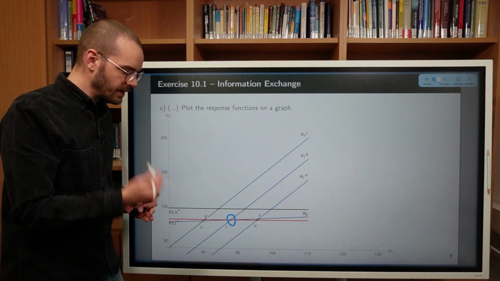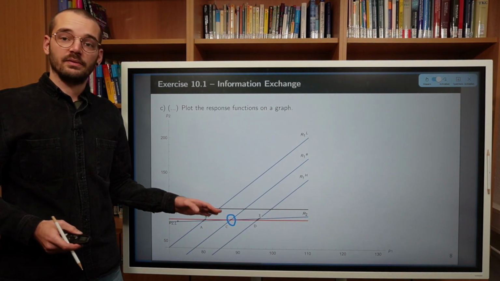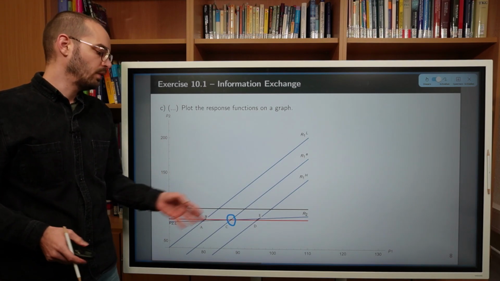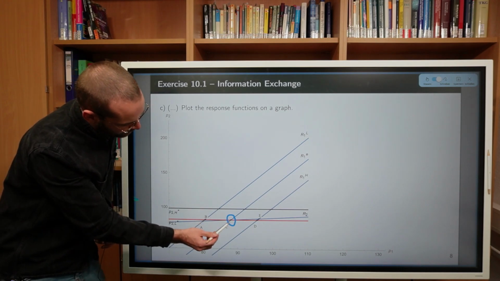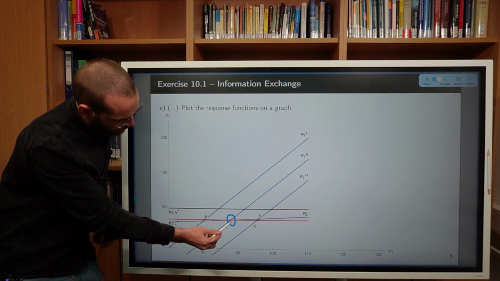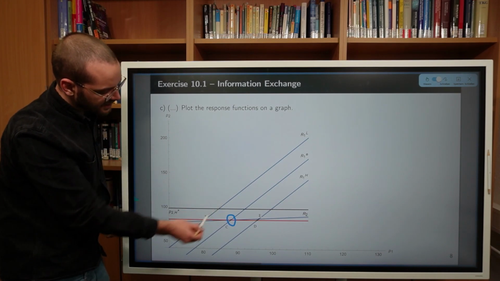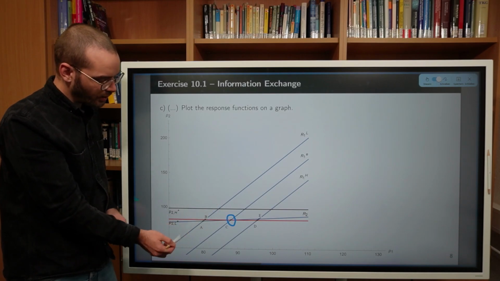and the equilibrium that would result in this situation where firm 2 does not know what the actual costs of firm 1 are, where, as we discussed, the intersection of this red line, the price setting behavior of firm 2, and in this case, the low marginal costs reaction function of firm 1.